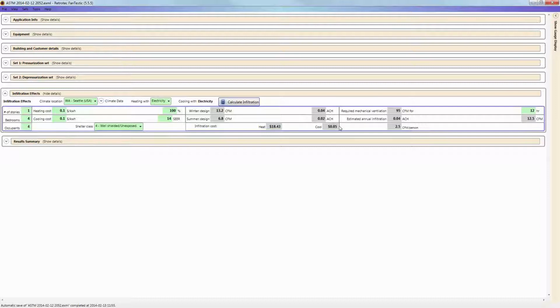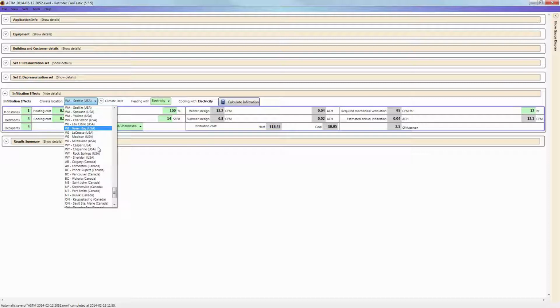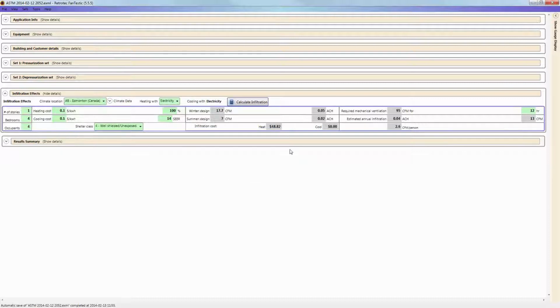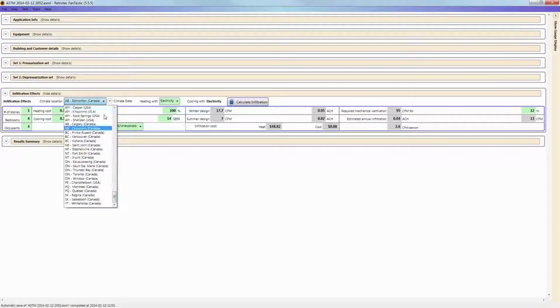So people in Seattle don't put on their air conditioners very often. Change the climate zone to, let's say, Edmonton, for example. Whoop. We'll notice that the cost of that infiltration has jumped up dramatically. What's that, about 4 times or so? Obviously, much colder climate, no particular cooling load.